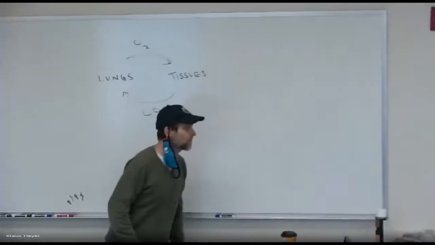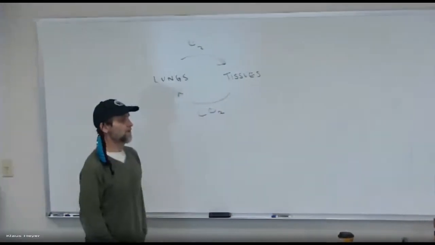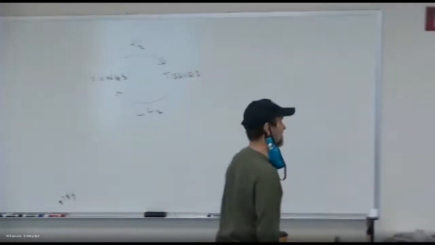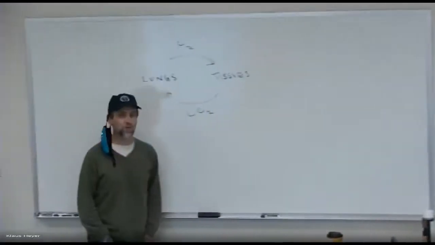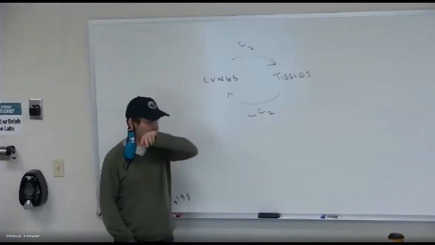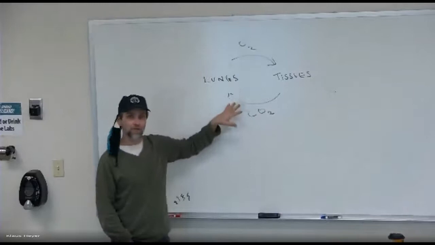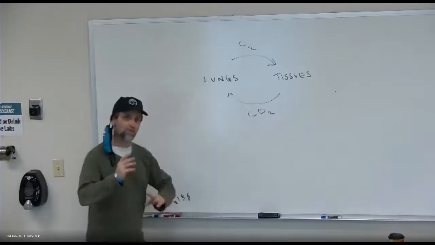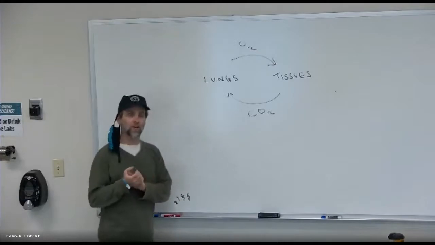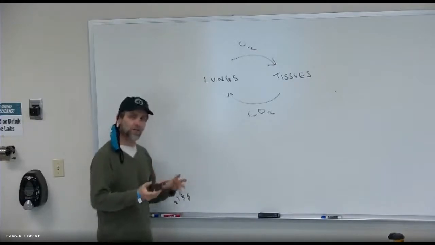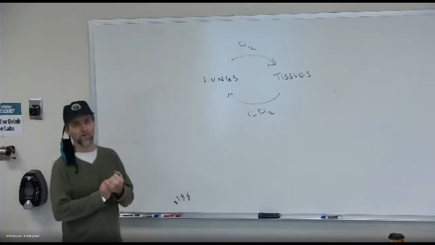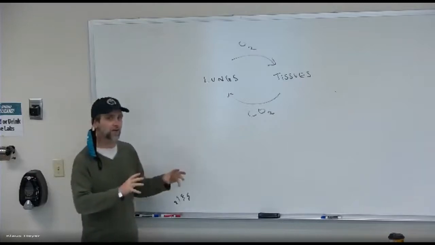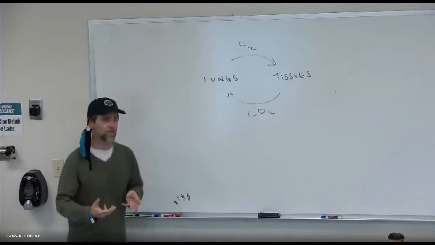These go through two different types of vessels, right? Because you have two different types of blood. You have blood that has a lot of oxygen in it, and blood that doesn't have so much oxygen in it. So oxygenated blood versus deoxygenated blood.